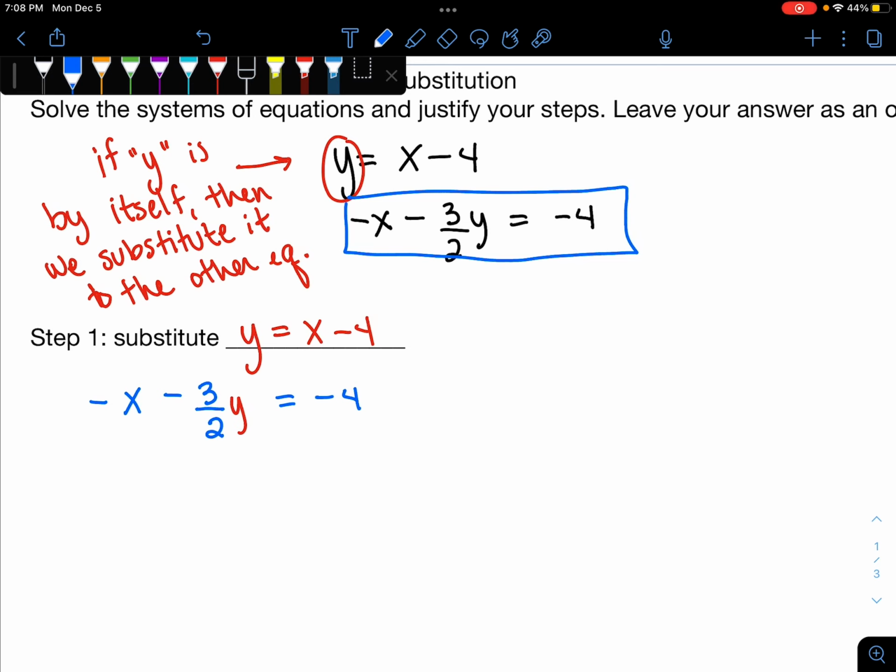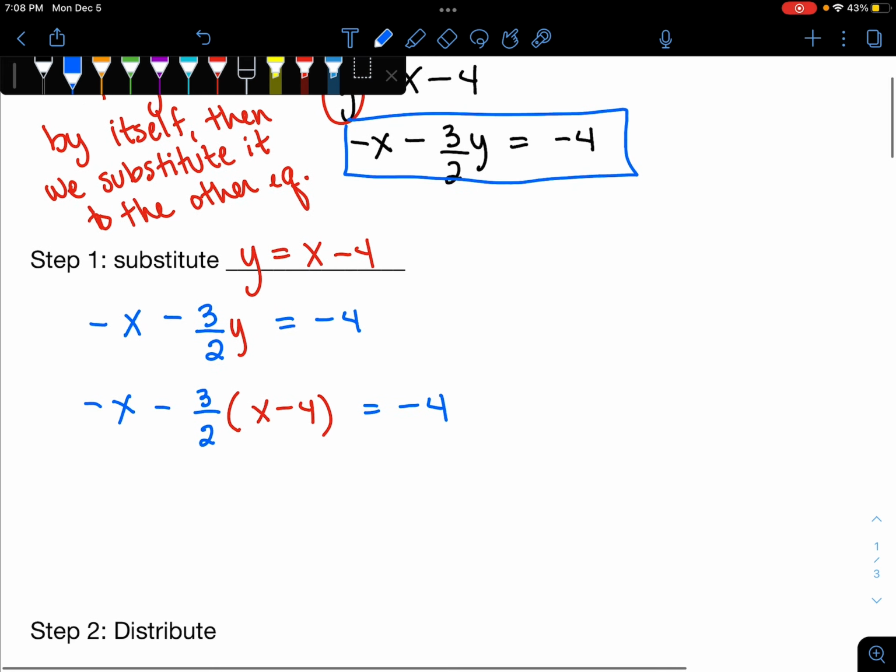Okay, now I will substitute in y equals x minus 4, so negative x minus 3 over 2 times x minus 4. Okay, that means there's no more y. We plugged in x minus 4 for y, equals negative 4. So that is our first step.